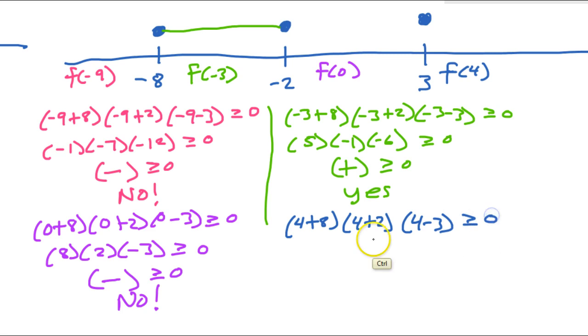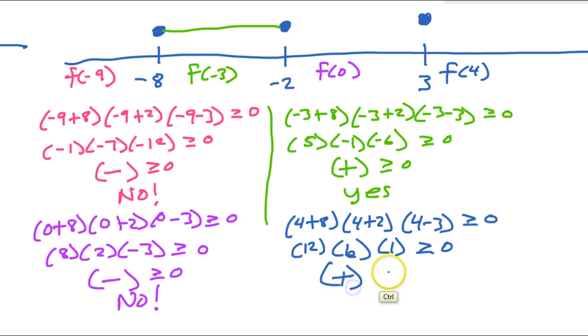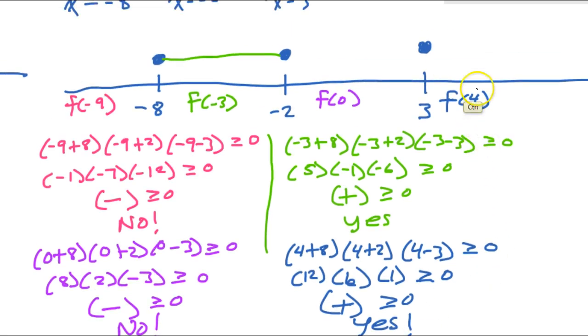And we're checking to see if that's greater than or equal to 0. So that's going to be 12 times 6 times 1. Okay, so again, that's going to be a positive number. So that's a yes. So that means I have solutions in this interval.